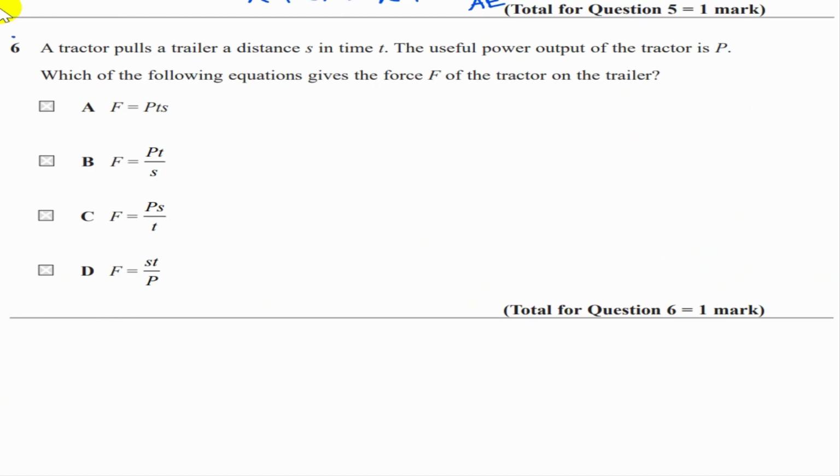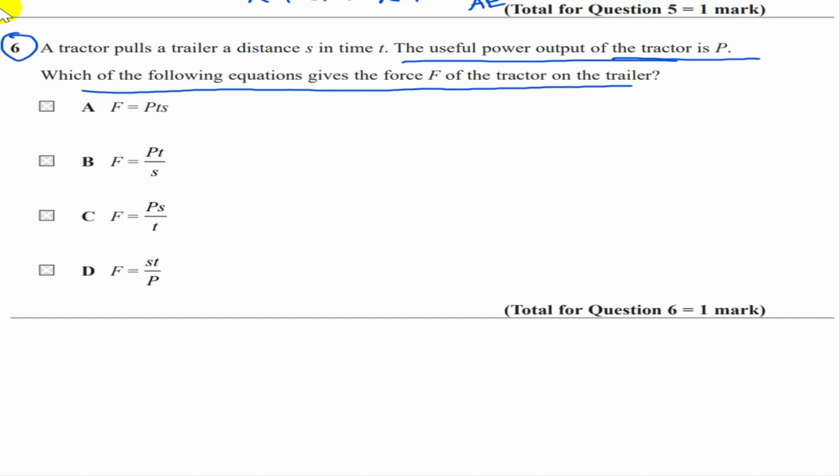Now question number 6. A tractor pulls a trailer a distance s in time t. The useful power output of the tractor is P. Which of the following equations gives the force F of the tractor on the trailer?